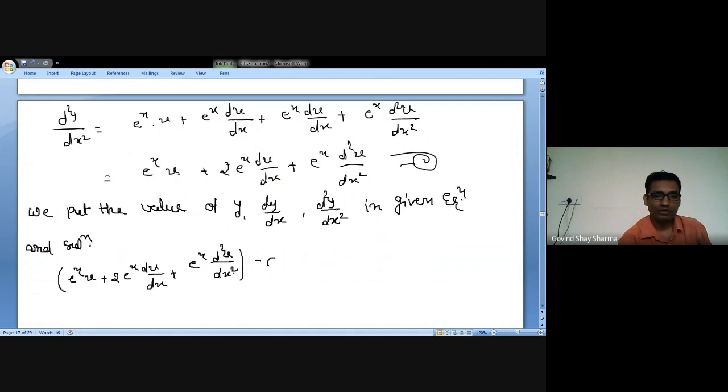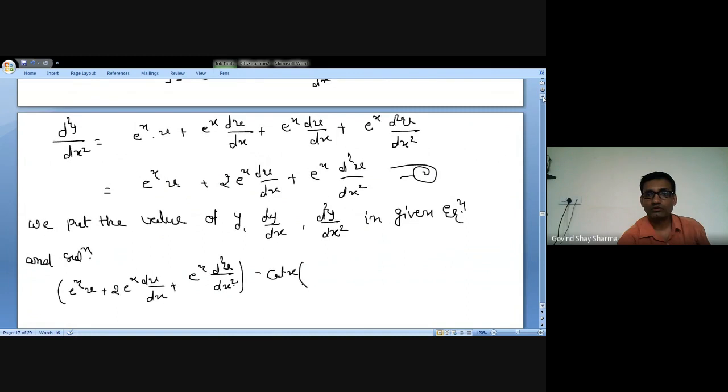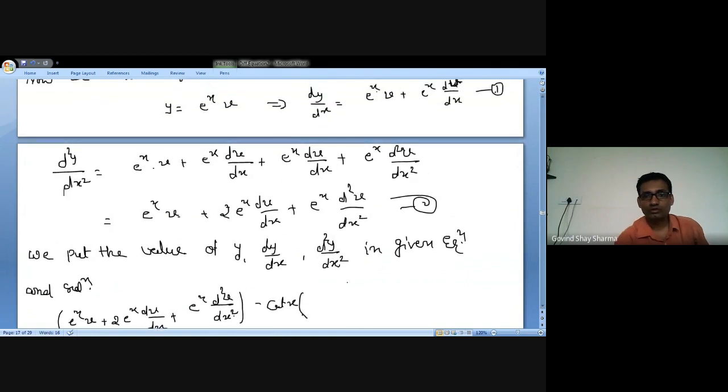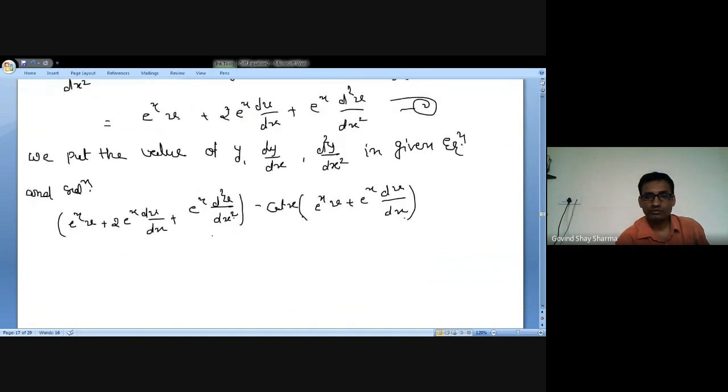Now minus cot x dv upon dx value e की power x v plus e की power x dv upon dx plus cot x minus 1 e की power x v is equal to e की power x.